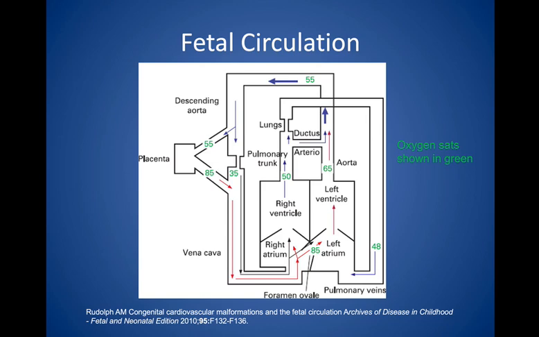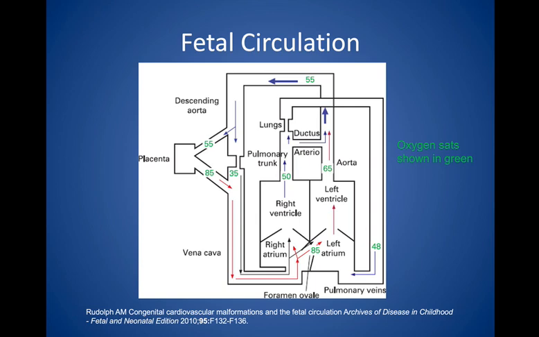vessels. The desaturated blood coming back from the superior vena cava, so the blood that's coming back from the head, returns at about 35% saturation and is preferentially directed downwards through the tricuspid valve into the right ventricle.